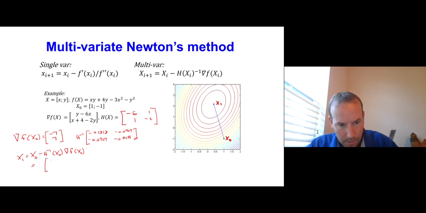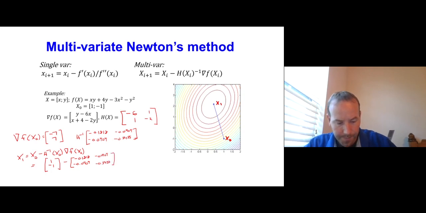That equals 1 minus 1, minus this inverse matrix, so 0.909 and negative 0.5455, multiplied by -7, 7. Okay.